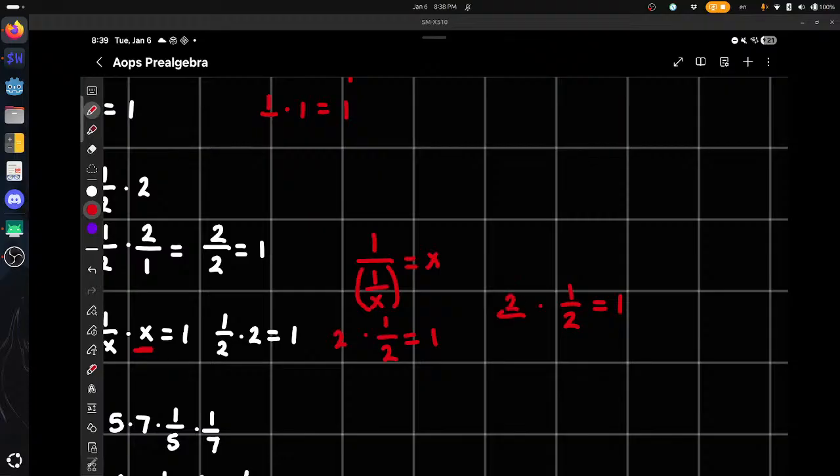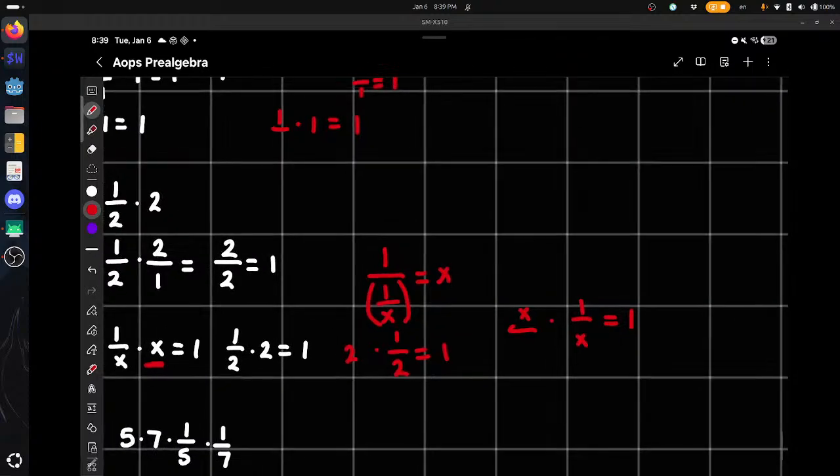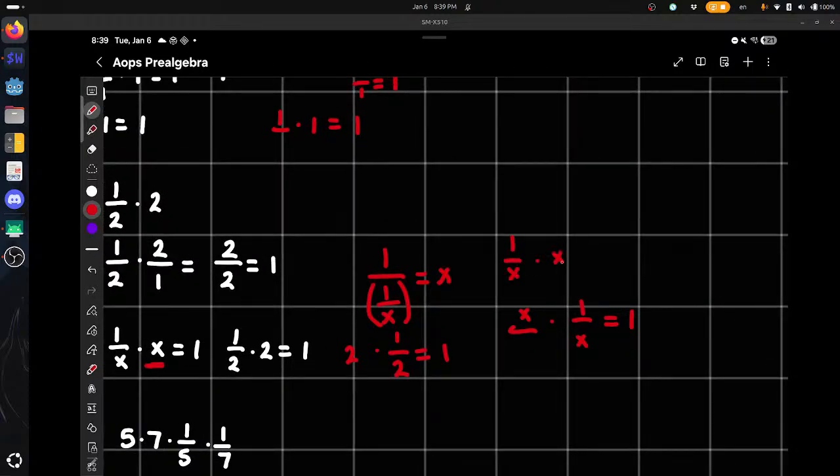But we don't need to do that. We could just skip that part and just put a 2 there, or an x. But we know by the definition that this is supposed to look like this. But we didn't have to do that, because the reciprocal of 2, or x, or the reciprocal of 1 over x is really just x.